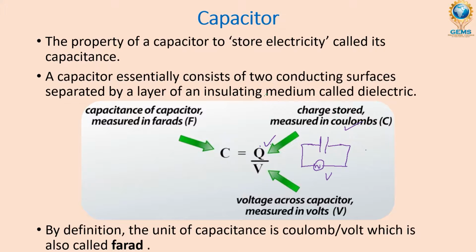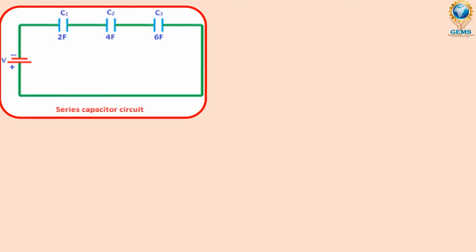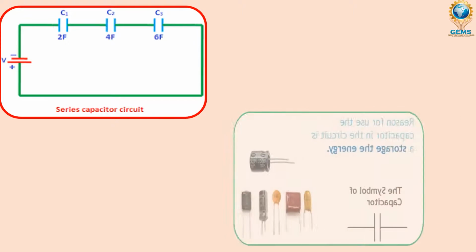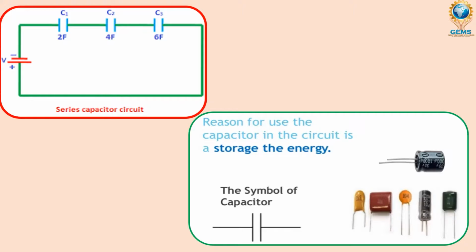So we can say that is coulomb per volt, which is farad. Farad is the unit for capacitor. Here you can see this is the capacitor, how we are going to connect. The reason for using the capacitor in the circuit is storing the energy.